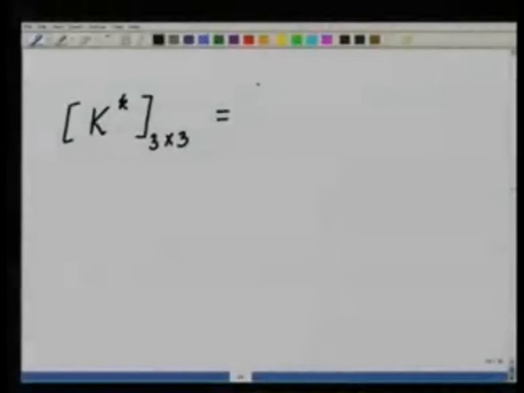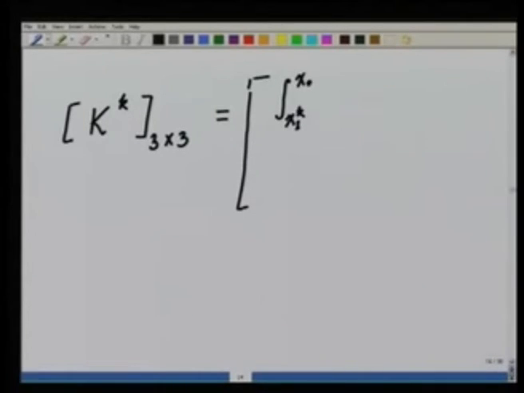So what will the entries be? I will write only a few entries of this, and then it will be integral from x1k to x3k of EA d n1k dx d n1k dx.